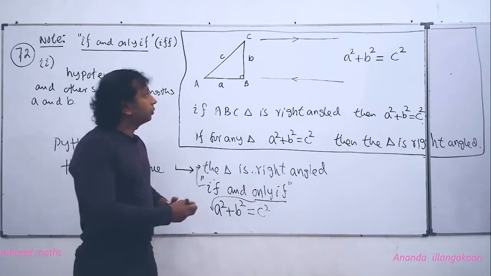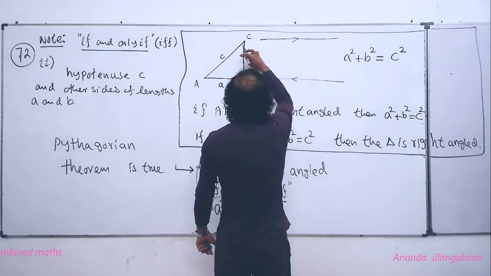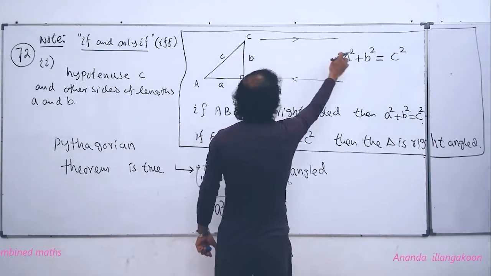This is called the if. If the triangle is right angled, then this is true.